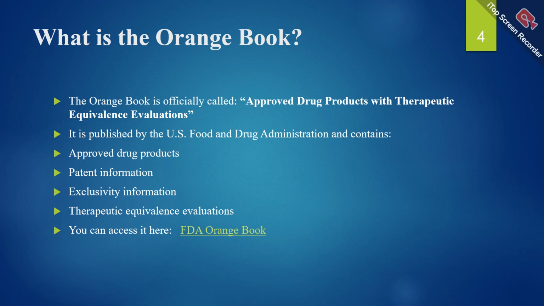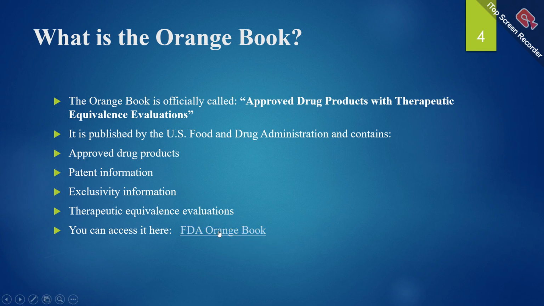Whatever the approved drug products we are having, all that information, and also patent related information will be present, and also exclusivity information, when the patent is going to expire, and also therapeutic equivalence evaluations. All those details will be present in the Orange Book.